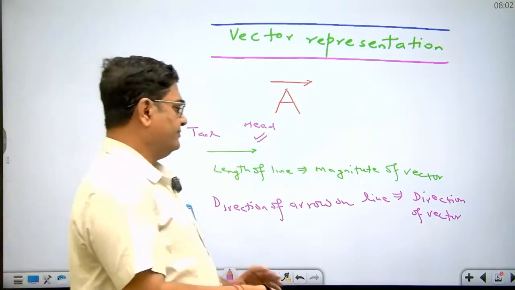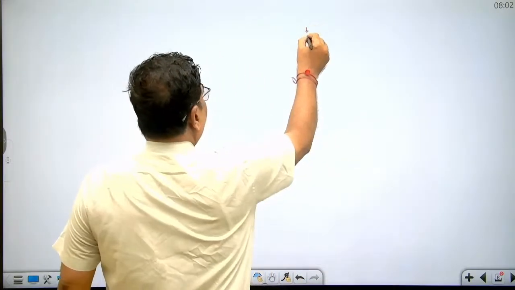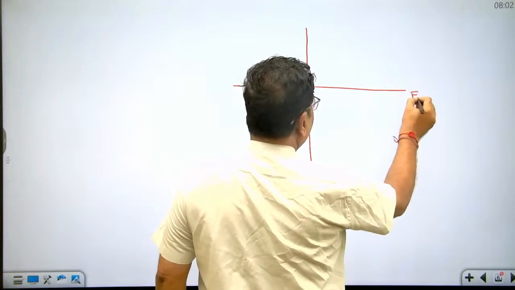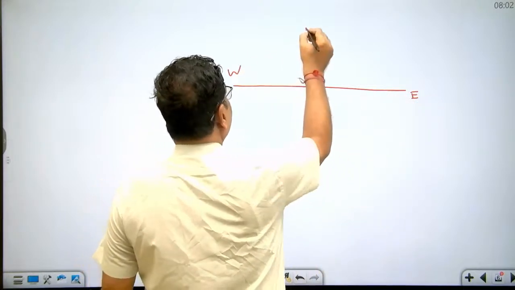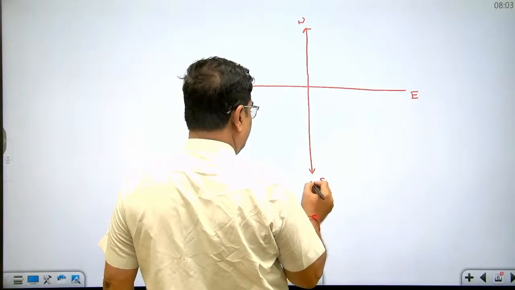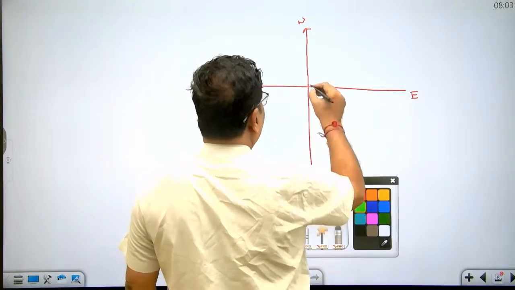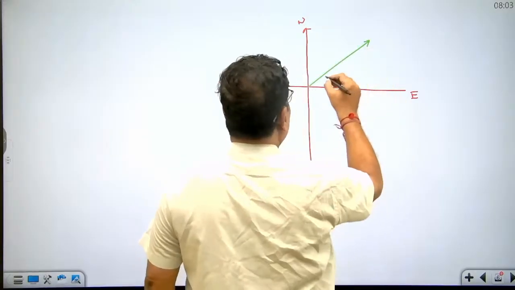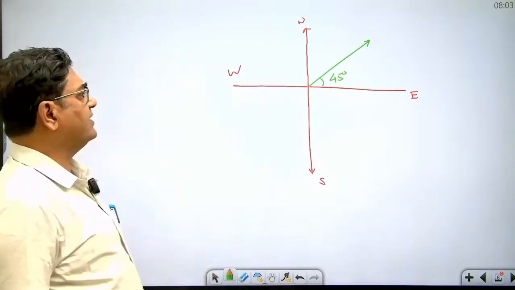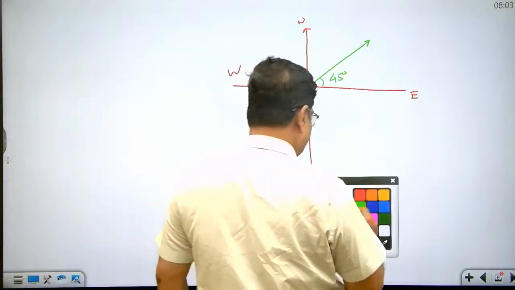Now let's see. We can write a vector like this also. Suppose this direction is east, this direction is west, this direction is north, and this direction is south. Dear student, if a vector is at an angle of 45 degrees, meaning the vector is at the angular bisector, then we can write it like this.